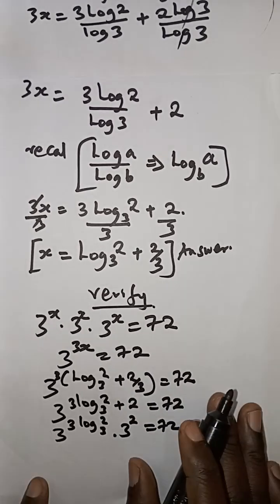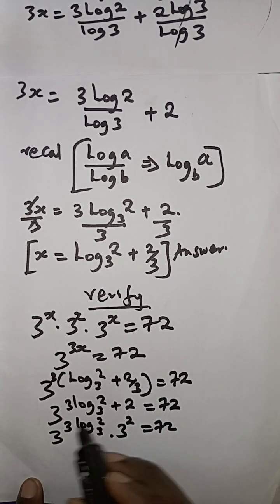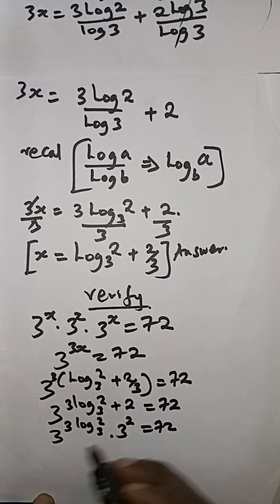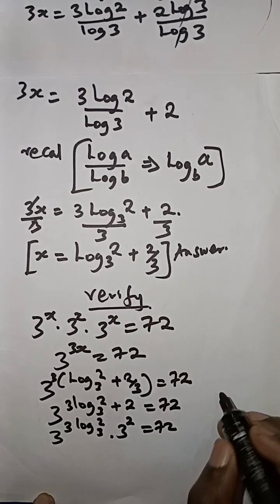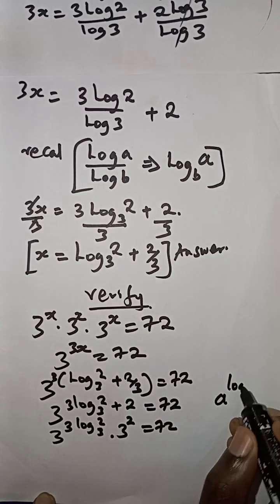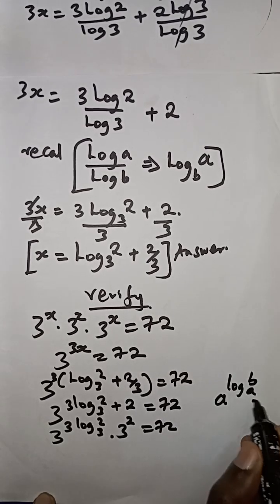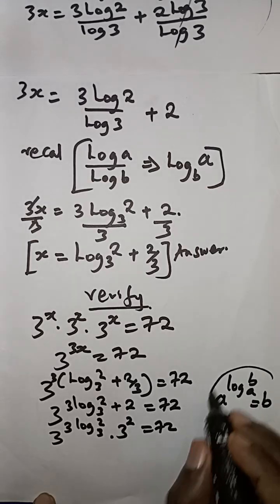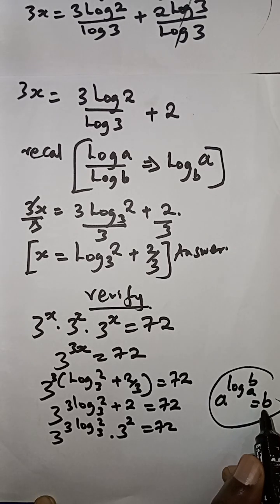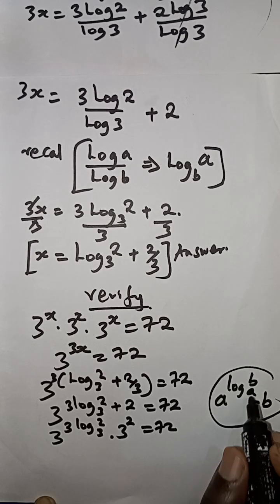Again, you need to recall at this particular point, when you have a raised to the log of b base a, this automatically gives you the answer b, since the base and the base are the same.